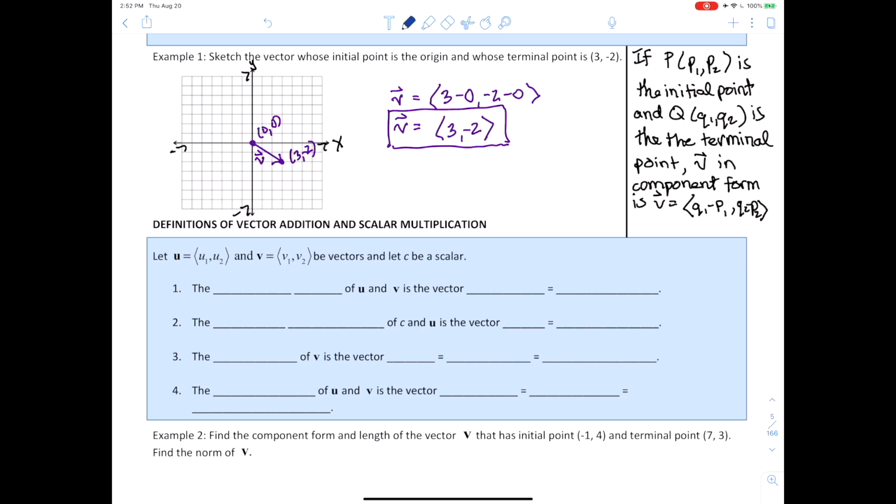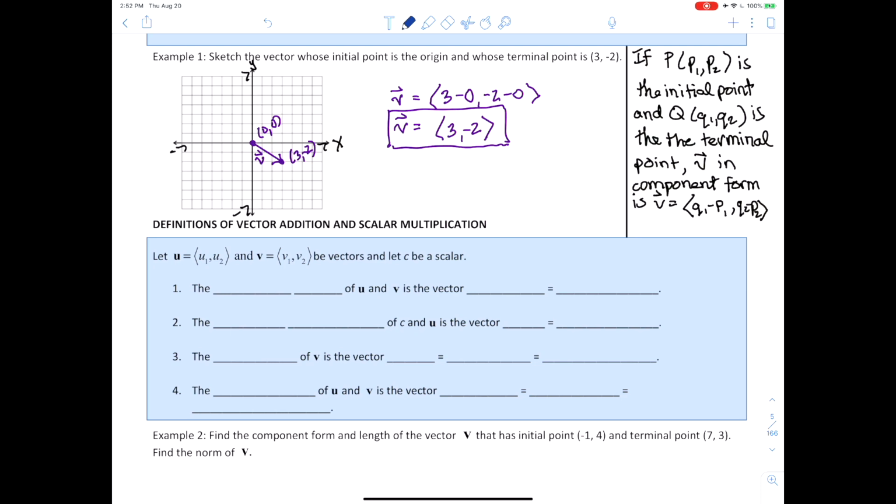Definitions of vector addition and scalar multiplication. What we have here, we've got vector u equal to (u1, u2), where those are scalars, and that's in component form. And vector v is (v1, v2). These are vectors, and c is another scalar. So I guess we should say u1 and u2 are real numbers, for right now.